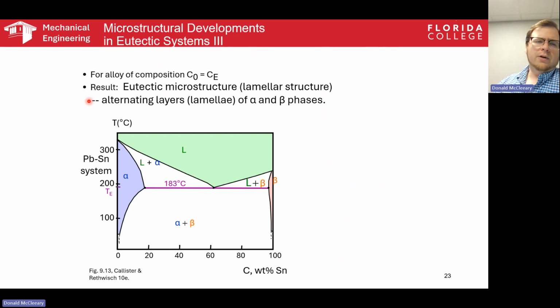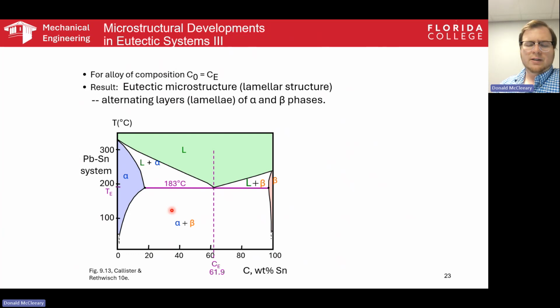Okay, so for an alloy of composition equal to the eutectic composition, so right here, a eutectic microstructure or a lamellar structure of alternating layers will form. In steel, we call this perlite. And so for our lead selenium system, at our eutectic point, we're going to get these cool little patterns that form.